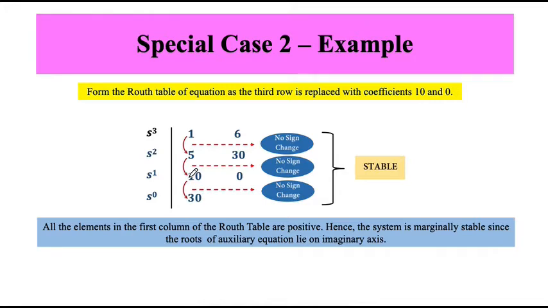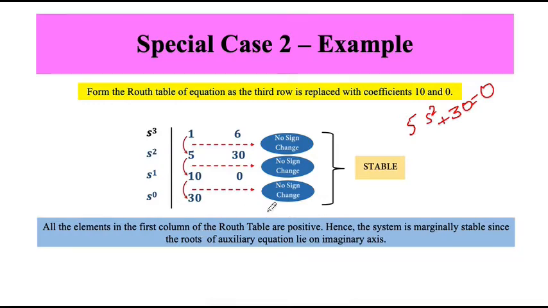Since the entire row is 0, there is existence of a pair of roots on the imaginary axis. That is simply given by the solution of 5s square plus 30 equals 0. You solve this, and this will give you the exact location of the roots on the imaginary axis.